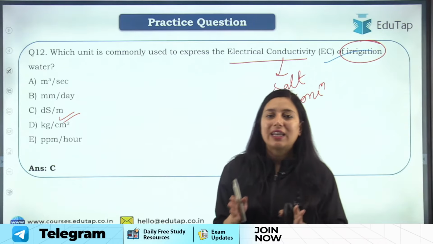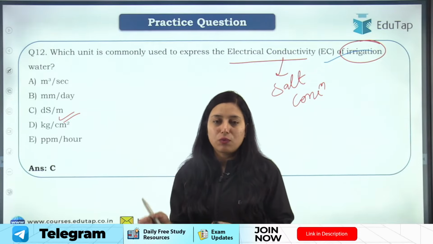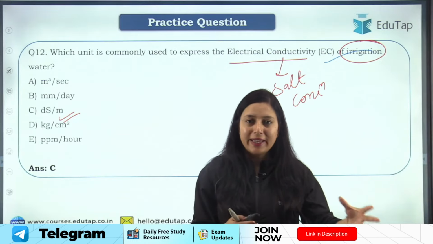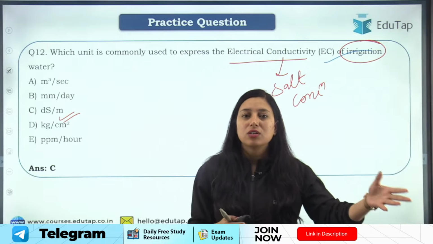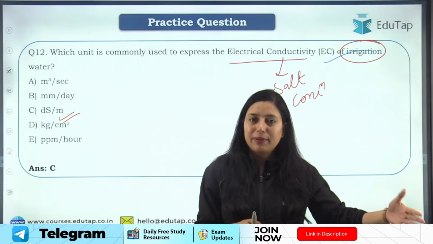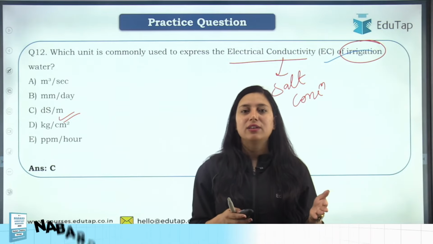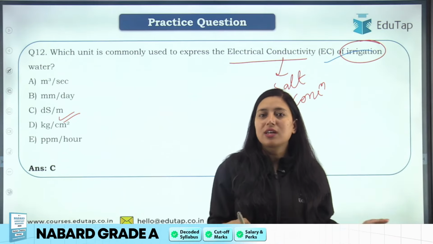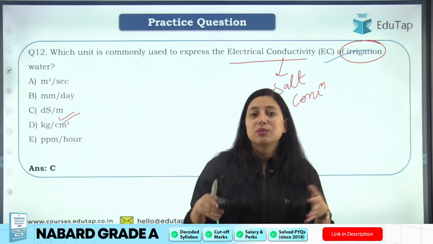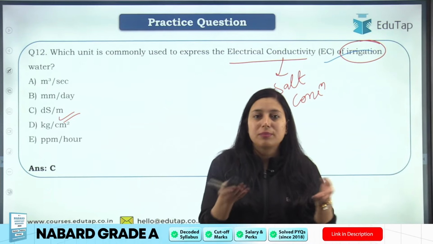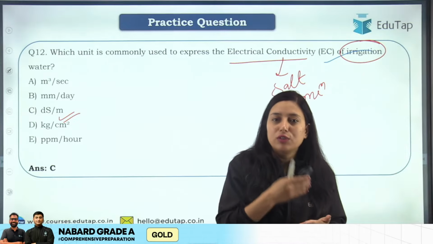So we need to calculate what is the EC of our water, so that whatever water we are applying is not adding up to the salt that is already present in the field. ठीक है, क्योंकि कभी कभी क्या होता है, saline soil है, वहाँ पे ऑलरेडी बहुत सारा सॉल्ट है. अगर हम ऐसा पानी जिसमें सॉल्ट प्रेजेंट है, सॉल्ट वाटर को हम देंगे तो वहाँ पे और कंडीशन वर्सन हो जाएगी, राइट?